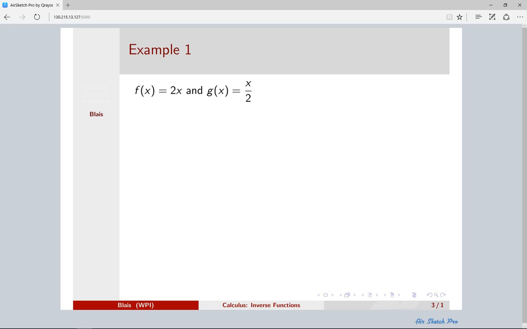And the way we can check that, first let's check the domains and the ranges. So the domain of f is the whole real line, all the real numbers. Also the range of f is all the real numbers. So think about what the graph looks like.